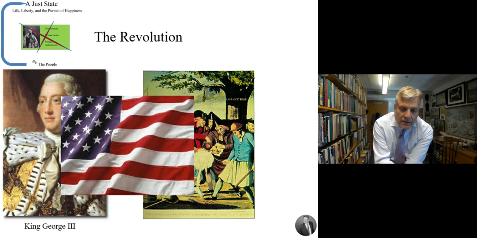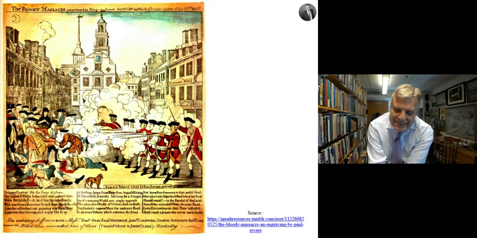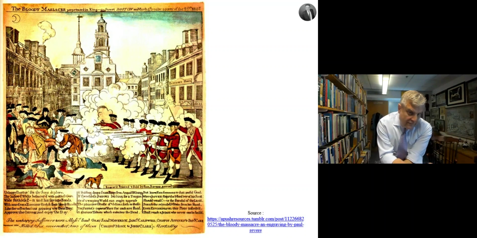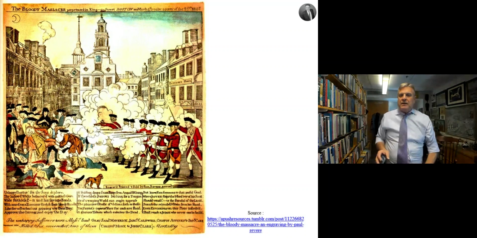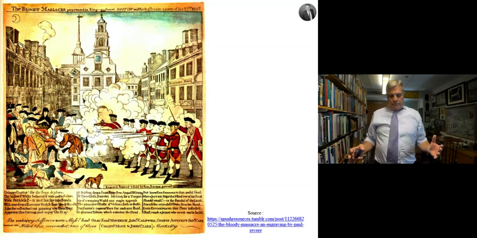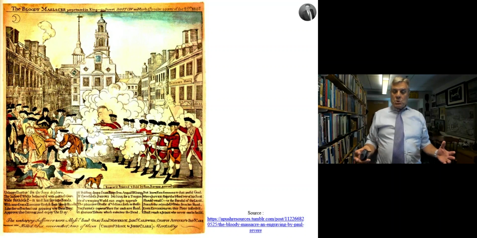Again, you have to think about it in the context of our revolution against the British Crown. We knew we needed to replace them. What you have in front of you here is a wonderful etching produced by Paul Revere. He didn't actually create the picture, but he produces this picture of the Boston Massacre. And notice it's a clever piece of propaganda, because in reality the redcoats were in retreat.